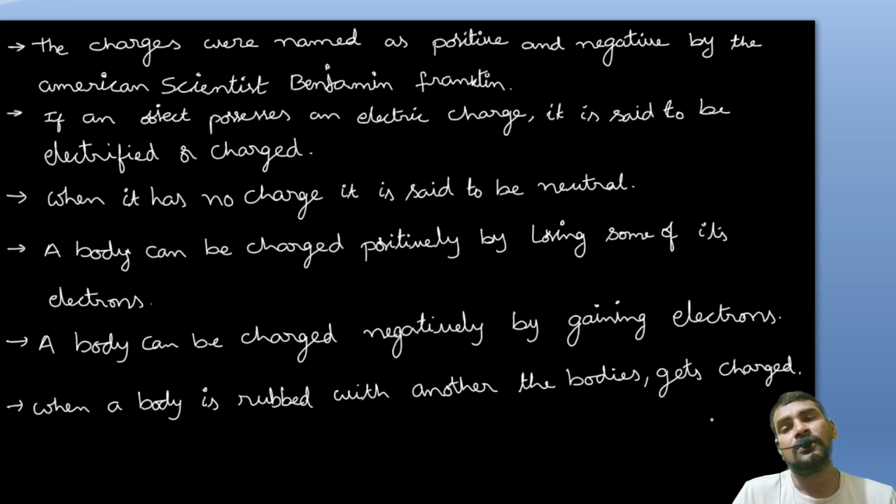If there is no charge in a body, we say the body is neutral. Generally, when a body loses some of its electrons, it gets charged positively. If it is gaining electrons, then it is negatively charged. Okay?